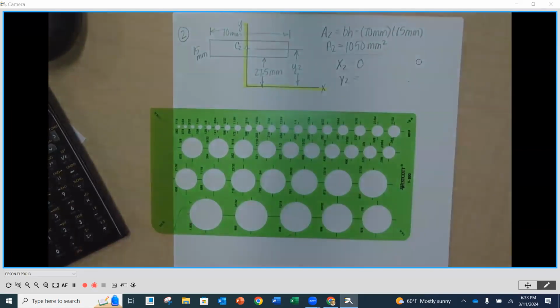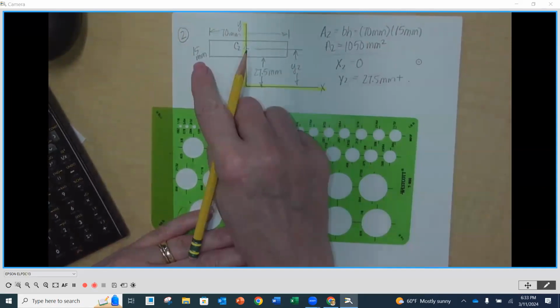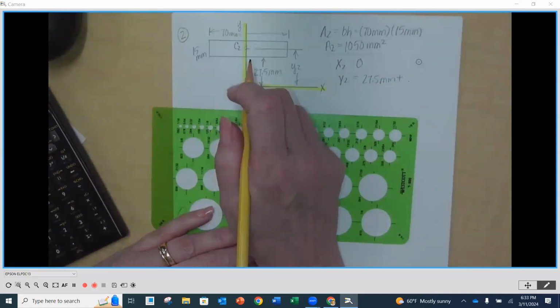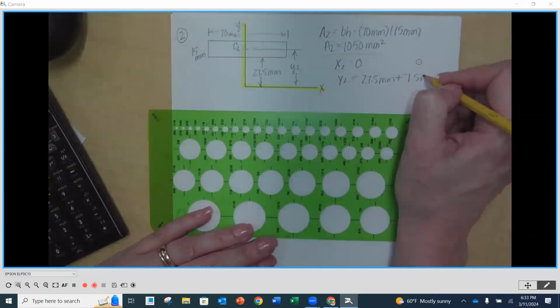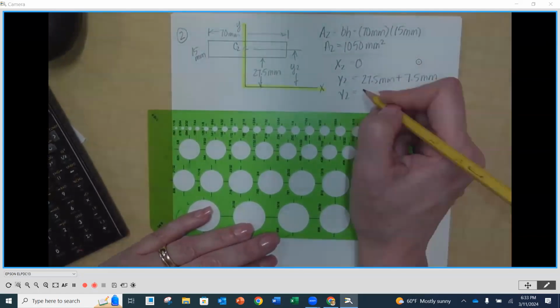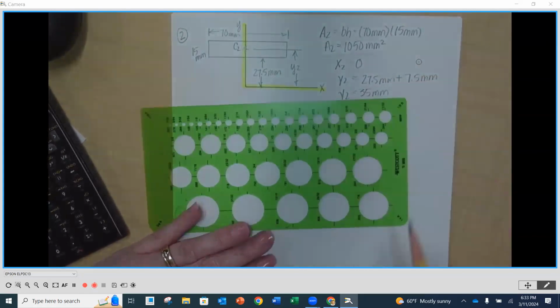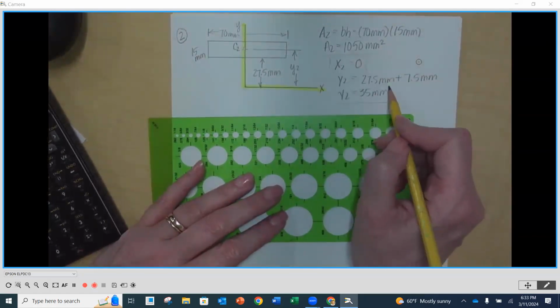My y2 is going to be 27.5 millimeters plus half of 15 millimeters. Half of 15, what's half of 15? 7.5. So my y2 is going to be 35. Does that sound right? Yep. Okay. Thank you.